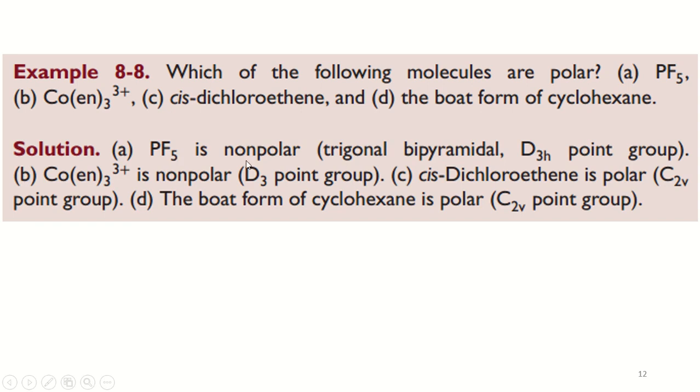PF5 is non-polar and its geometry is trigonal bipyramidal with D3h point group, while the second molecule is non-polar with D3 point group, while the cis dichloroethane molecule is polar in nature with C2v point group, while the boat form of cyclohexane is polar in nature and possesses C2v point group.